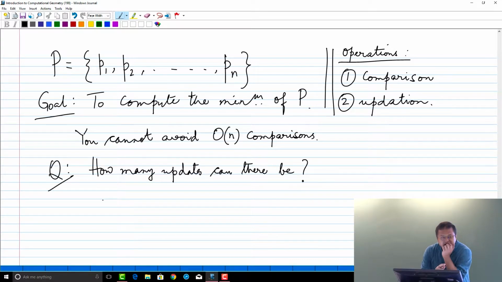Now, see, if I have to analyze this thing, then what happens is I have to argue over all possible permutations of these n numbers, right.